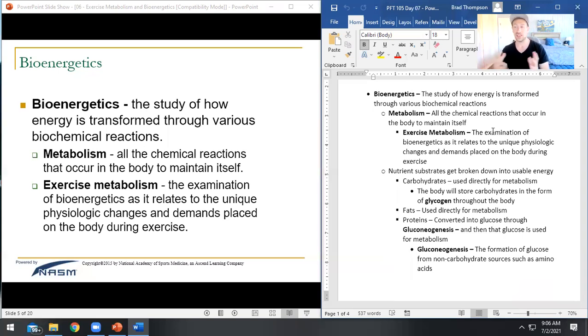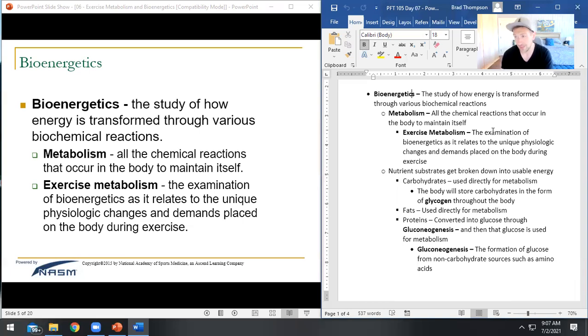So how we take in food, how we generate ATP, then we get to use that ATP to do work and stuff. But that is bioenergetics. It's the study of how those different pieces come together in these chemical reactions, so that we can do all of our work.